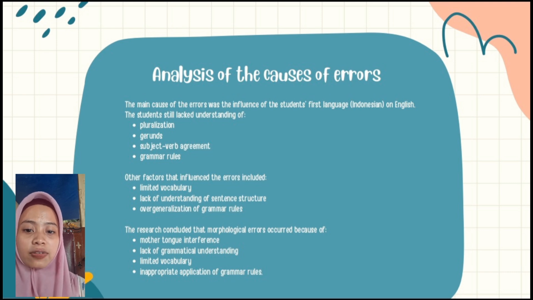Other factors influencing the errors included limited vocabulary, lack of understanding of sentence structure, overgeneralization of grammar rules. The research concluded that morphological errors occurred because of mother tongue influence, lack of grammatical understanding, limited vocabulary, inappropriate application of grammar rules.